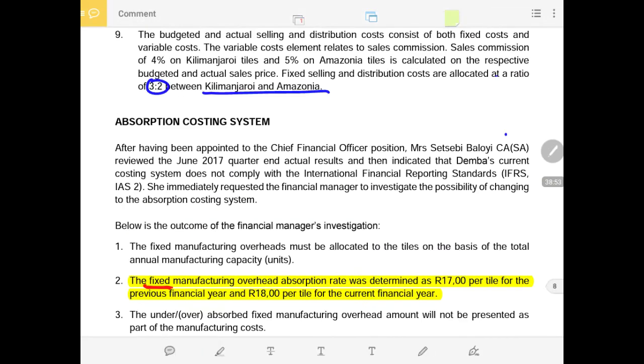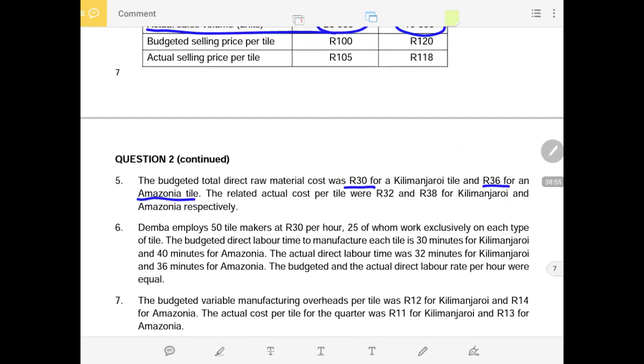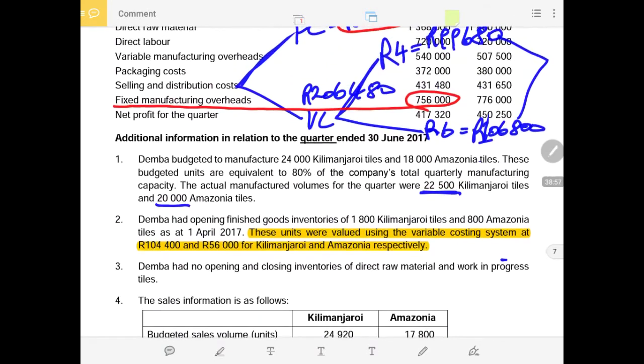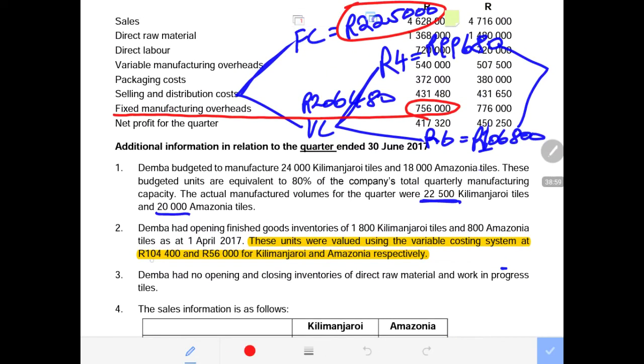Let's go back now. What does this mean? That means the opening inventory, which is given as 104,400 and 56,000, does not include fixed cost. So now they are telling us that the fixed cost per unit of the previous year was 17 Rand. Therefore, now we can say under these opening units, we need to multiply by 17 Rand and adjust our opening inventory so that it can include the fixed cost.